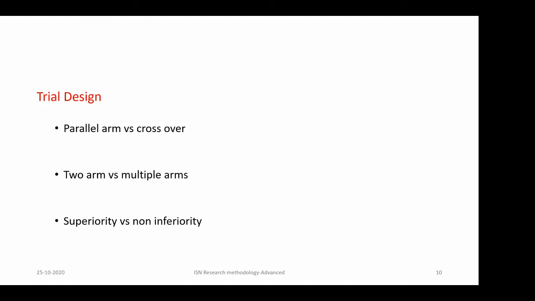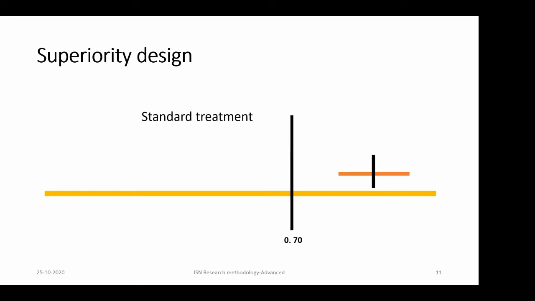And the other question is, I got a couple of responses telling that this could be designed as a superiority trial, and some other responses telling that this should be designed as a non-inferiority trial. Let us have a quick look back into what is a superiority design and what is a non-inferiority design. So let us say the efficacy rate of a particular drug is 70%.